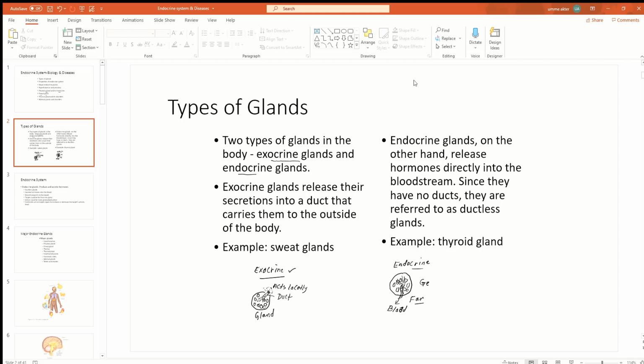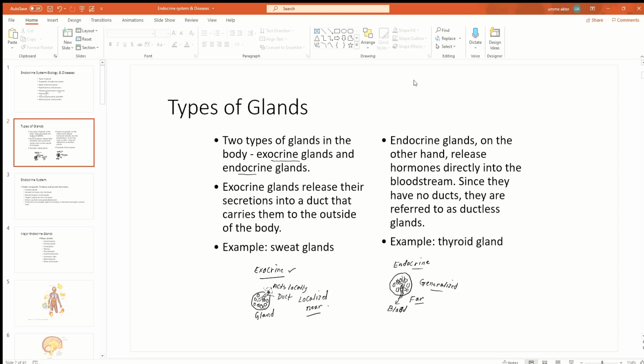So far action and also more generalized. That means more widespread action. And this one is localized and near, just outside of the gland. Okay, so those are the main differences between the exocrine and endocrine.